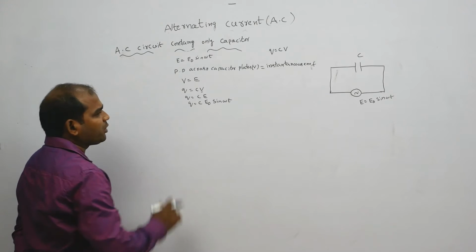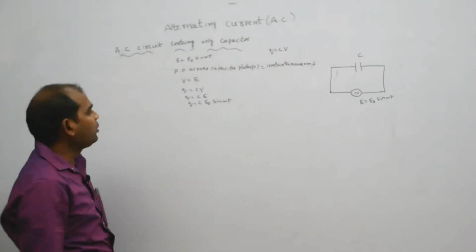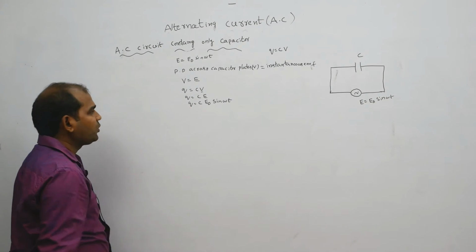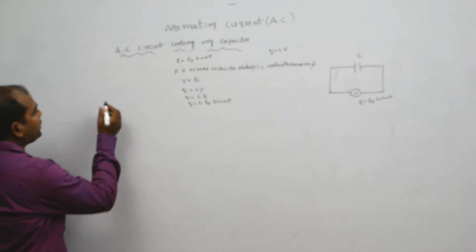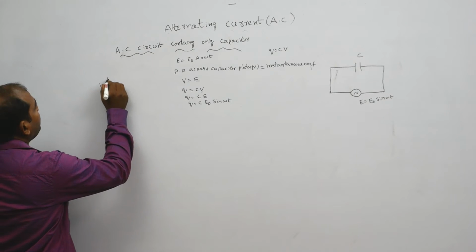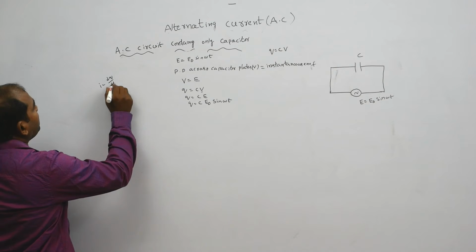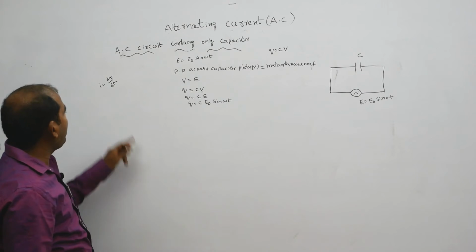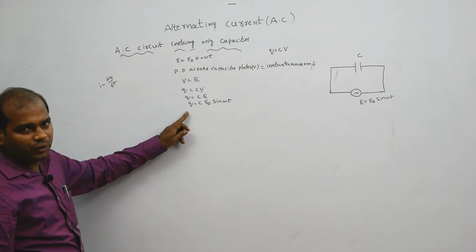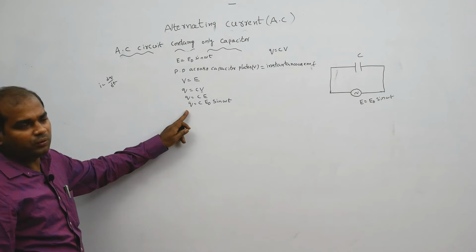We need to derive the expression for current here. We already know the charge, and we have to remember the relation between current and charge, that is I is equal to dq by dt. So to get the expression for current, we differentiate this expression with respect to time.